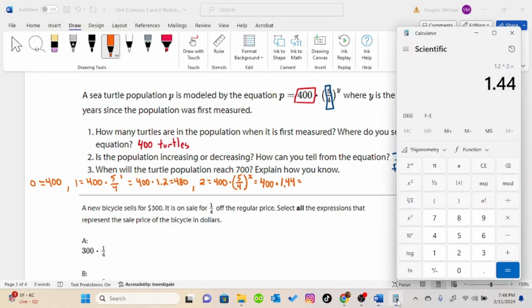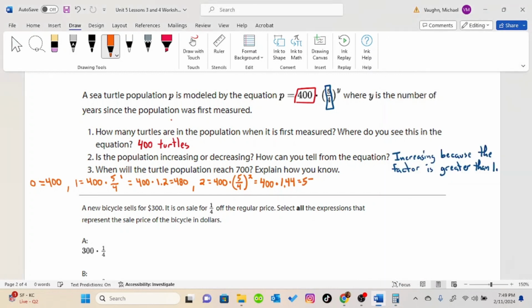And 400 times 1.44 equals 576. Next, we could try after 3 years.